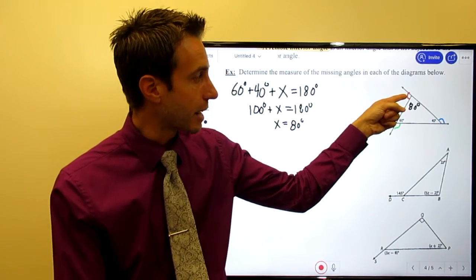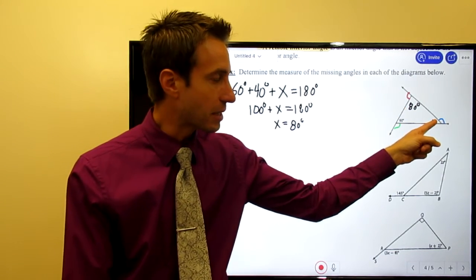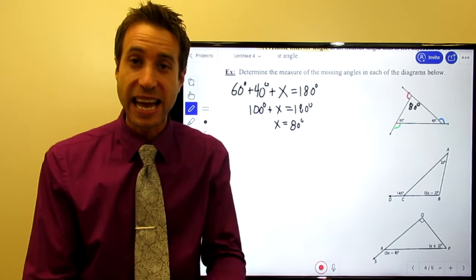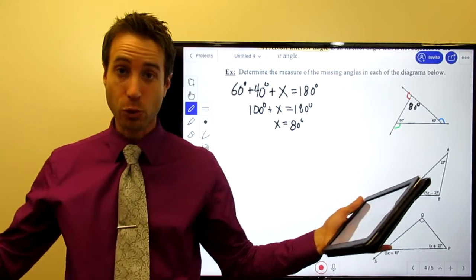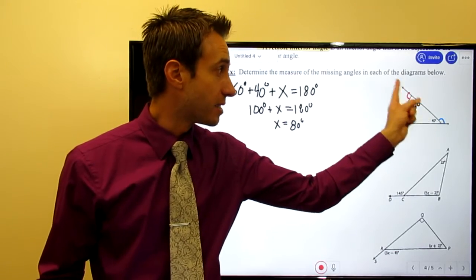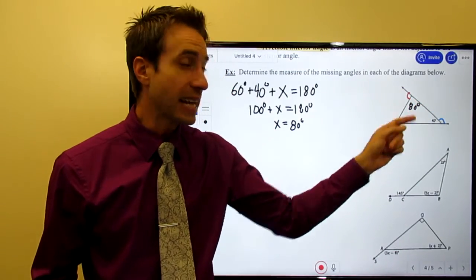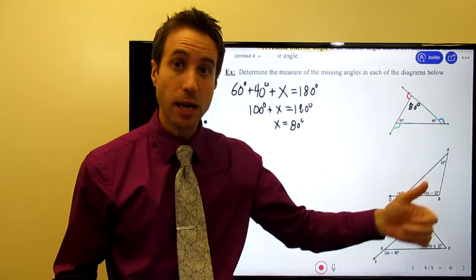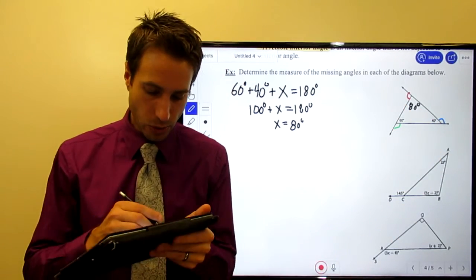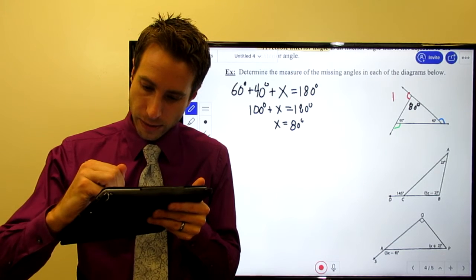If this is my exterior angle, that's my remote angle, that's my remote angle. Add them together, I know the exterior angle. Either way, it doesn't matter which way you do it, right? If this is 180, subtract 80, I get 100. If this is my exterior angle, 60 plus 40, you get 100. So I know this is 100 degrees.